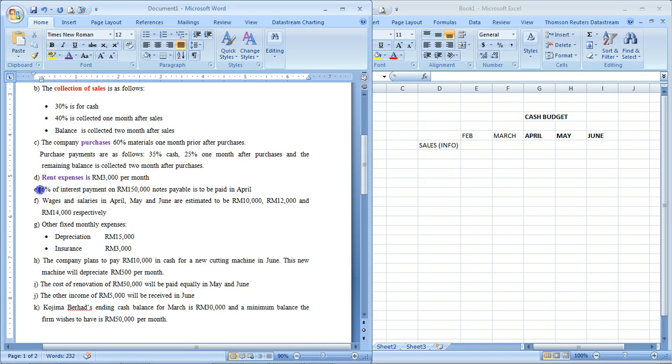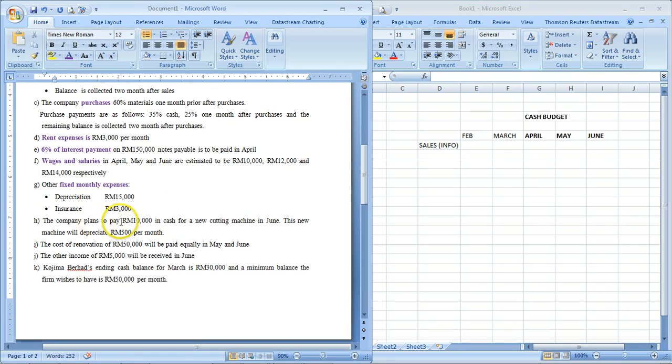Next, the 6% interest payment is considered payment. Wages and salaries is payment as well, and other fixed monthly expenses are considered payment. The company plans to pay 10,000 for the machine, so it's payment. Cost of renovation is considered payment, it's an outflow.